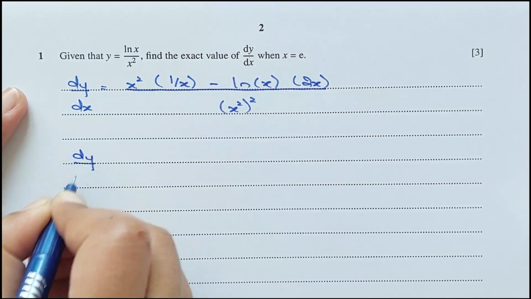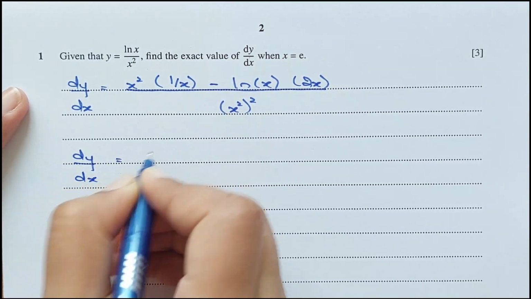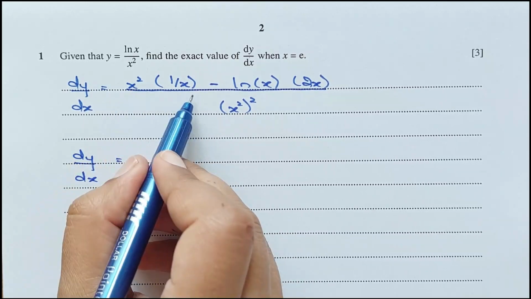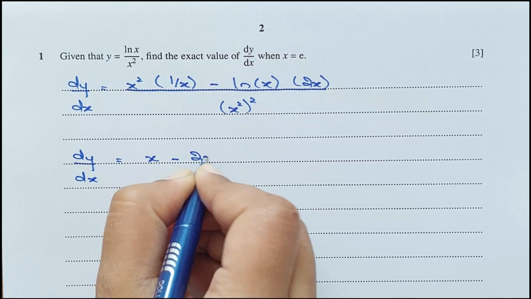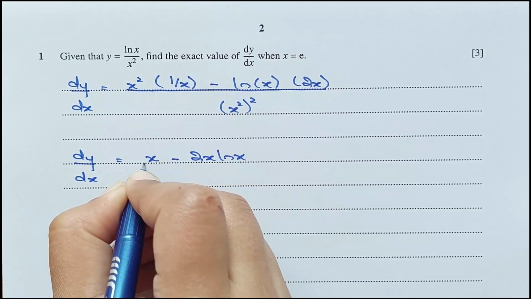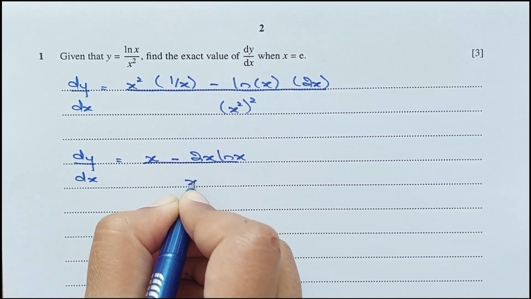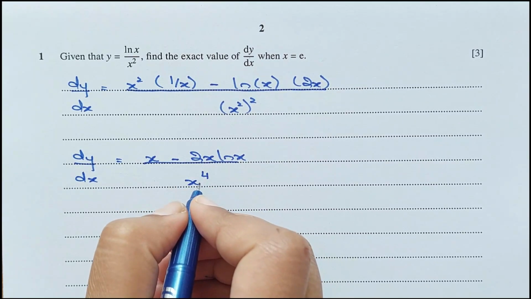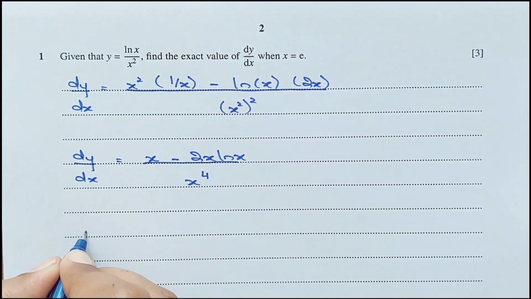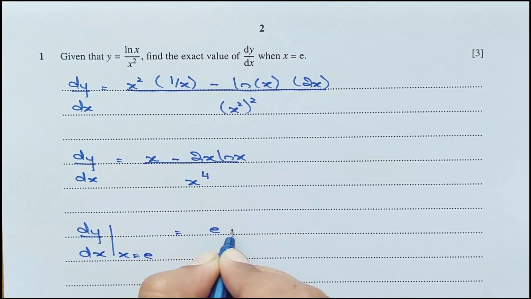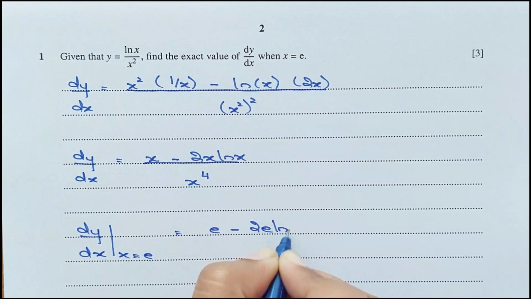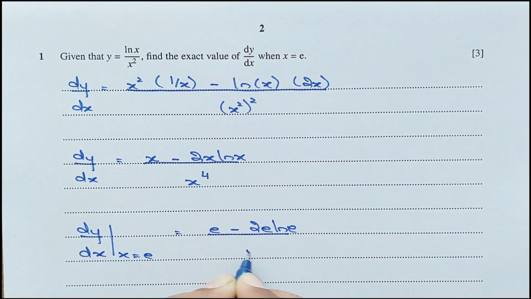So here dy over dx equals x square over x, which is just x, minus 2x ln x, all over x power 4. Now let me find the derivative at x equals e: e minus 2e ln of e over e power 4.